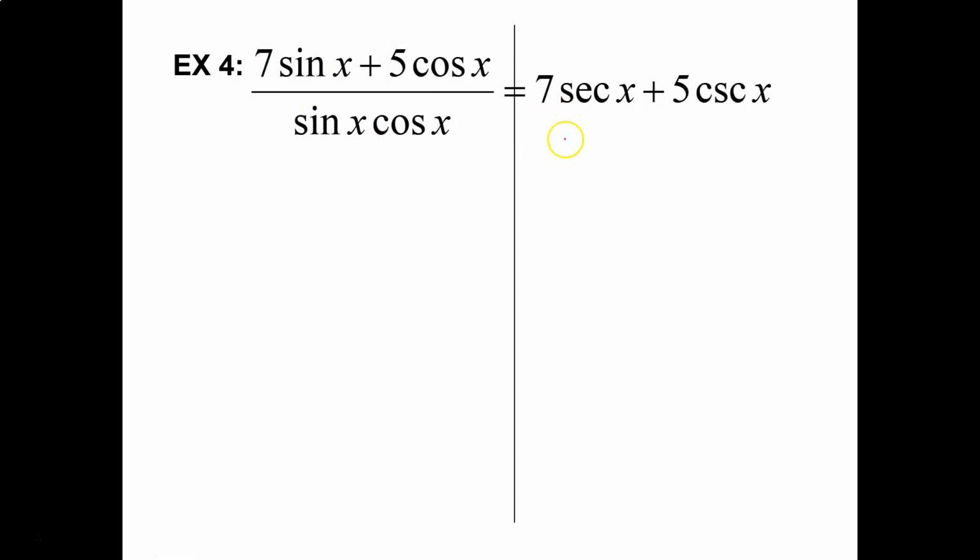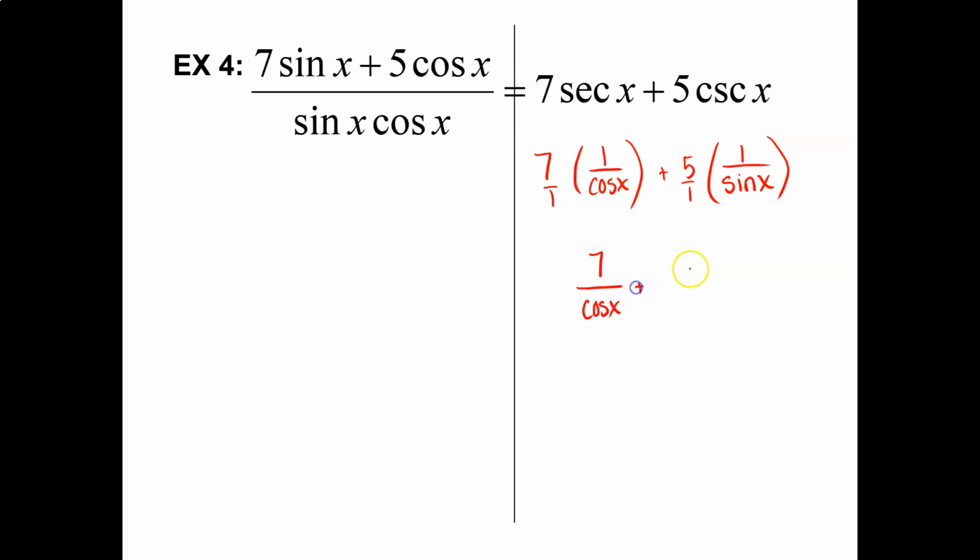So if I change this to 1 over cosine x, and I change cosecant to 1 over sine x, then these are just fractions. I could put my whole numbers over 1. This will give me 7 over cosine x plus 5 over sine x.